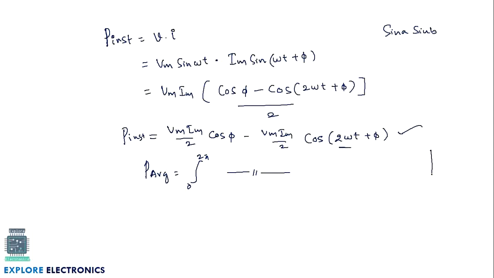For the complete cycle, if we integrate from 0 to 2 pi, this term becomes 0. So P average is one half Vm Im into cos phi. This is the expression for average power.